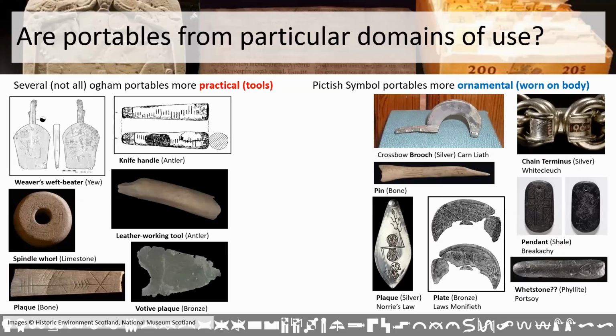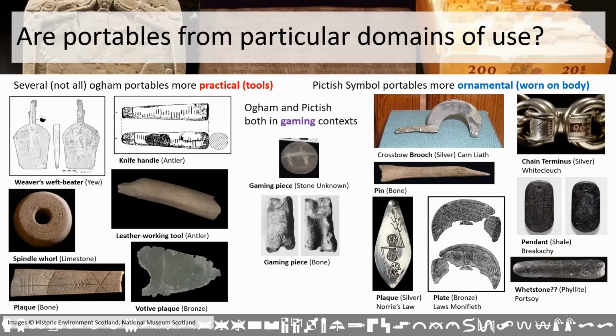A bone pin, a shale pendant that on the reverse seems to have what looks like a Pictish symbol on it. And then we have these metal objects with potential analogs in votive plaques. Gaming seems to be a context where we do get overlap of both Ogham and Pictish symbols.